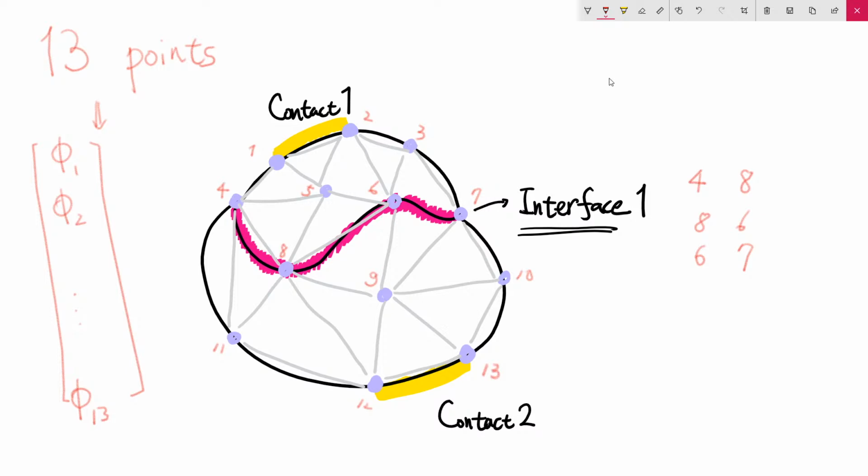What is the meaning of phi 4? We have a vertex 4, and phi 4 is our solution variable assigned to vertex 4. What is phi 6? Now we have a vertex 6, and that is the solution sampled at vertex 6. So you understand this concept quite easily.